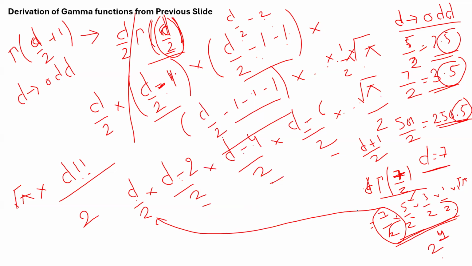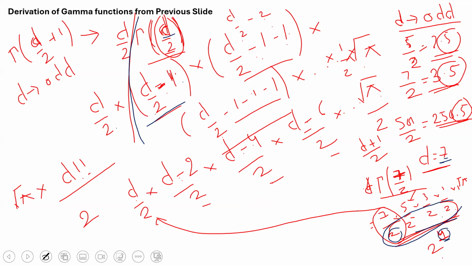So when you say 7 by 2, it becomes 7 by 2 minus 1. It starts from here, goes up to root pi. But we are bothered about only 2s in the denominator, right? For gamma, we got three 2s and we have D by 2 before. For 1, 2 we got. So total 2 to the power of 4 for 7. When D is equal to 7, we got 2 to the power of 4.